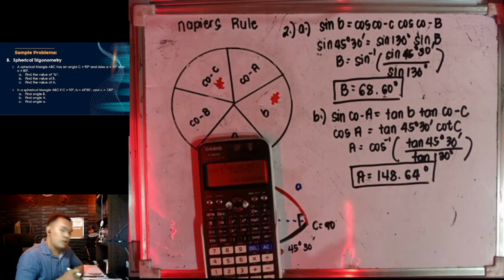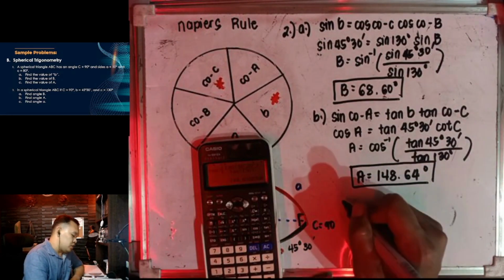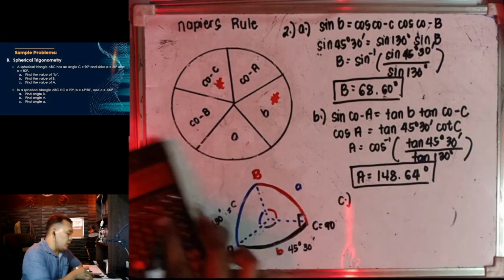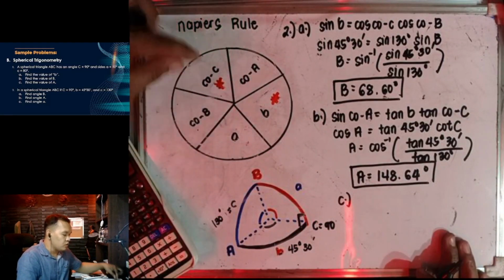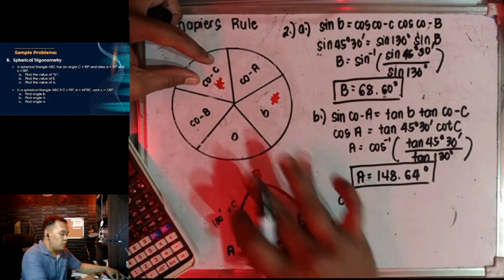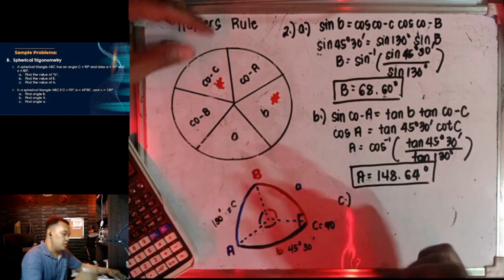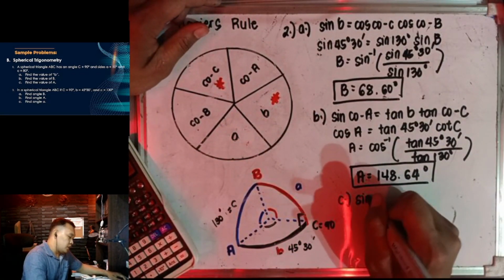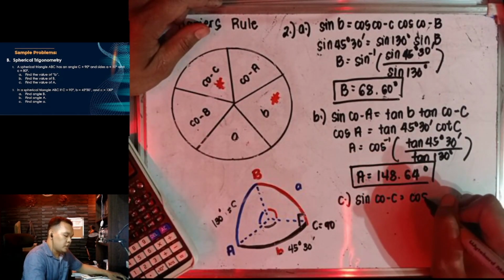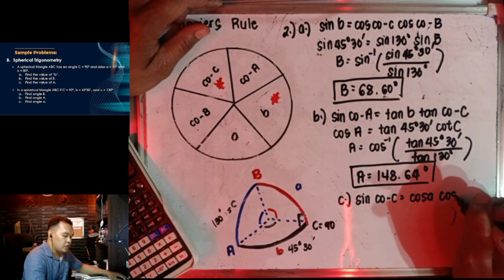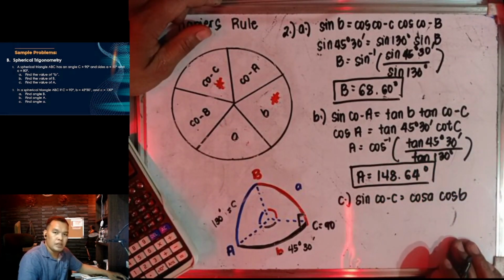Then, for small a, letter C, for small a, this is our small a. So, if we are asked to find this small a, I can say that the sine of this is equivalent to the cosine of these two. So, sine of co-C, complement C, is equivalent to cosine A and cosine of small b. Okay?